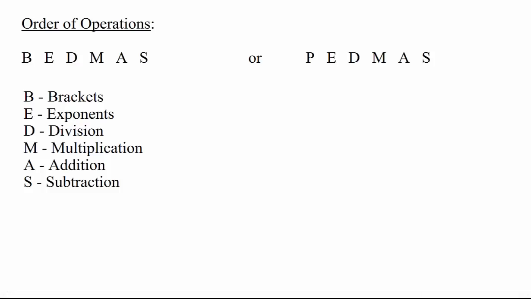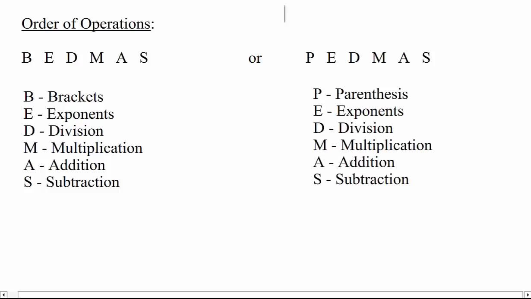BEDMAS stands for brackets, exponents, division, multiplication, addition, and subtraction. PEDMAS stands for parentheses, exponents, division, multiplication, addition, and subtraction. The only difference is that first letter.